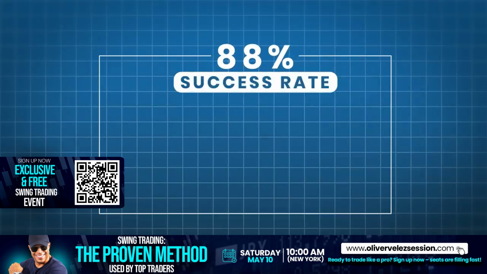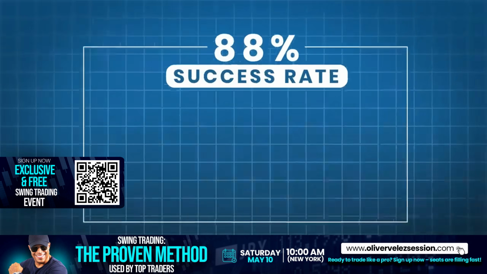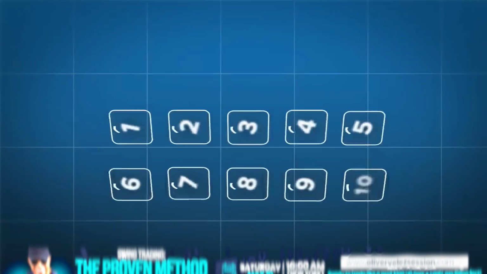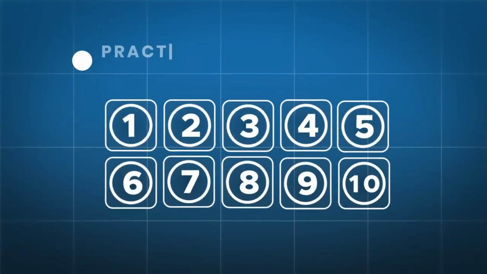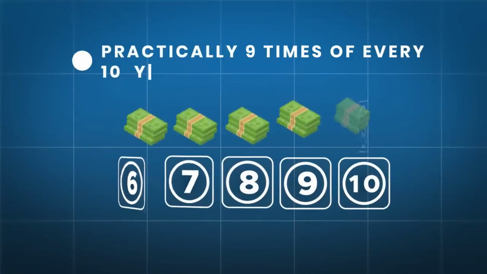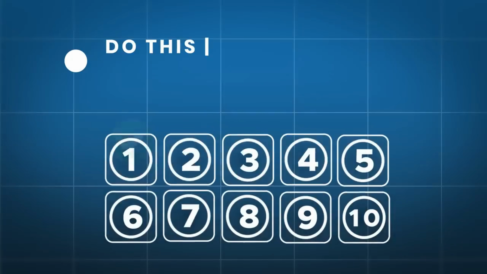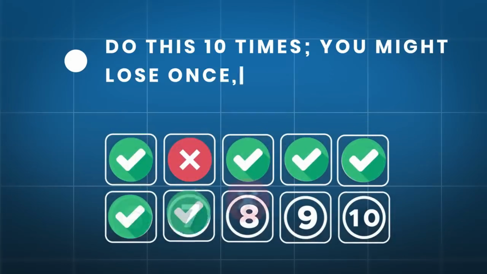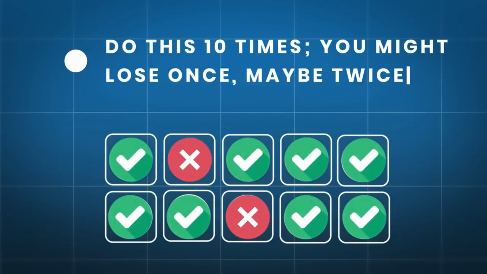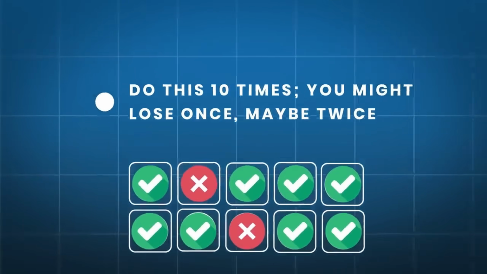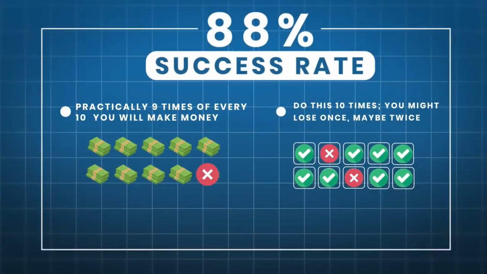Write that down. 88% success rate. That's pretty damn near perfect. That means practically 9 times out of every 10 you will make money. Guys, that's crazy. Do this 10 times and only once you lose, maybe twice, but it's crazy. That is why, guys, when things are that high, you add them to your bread and butter bucket.